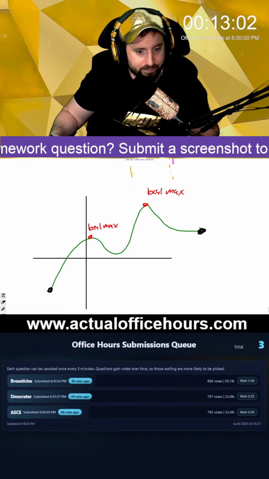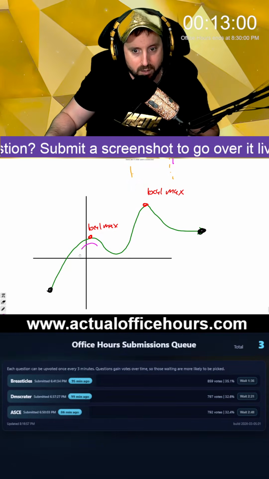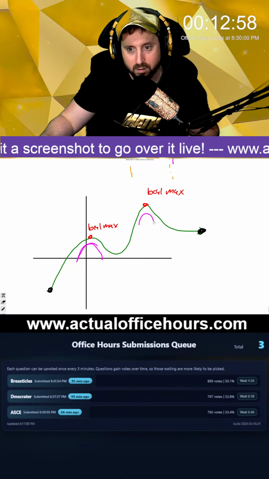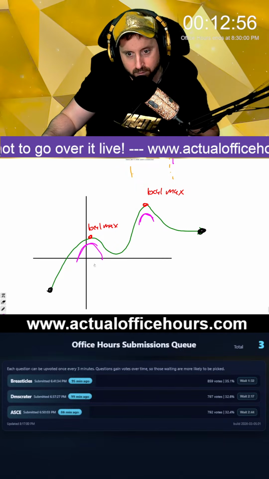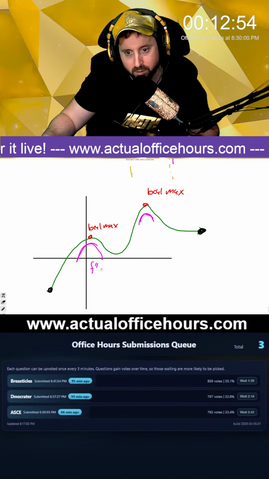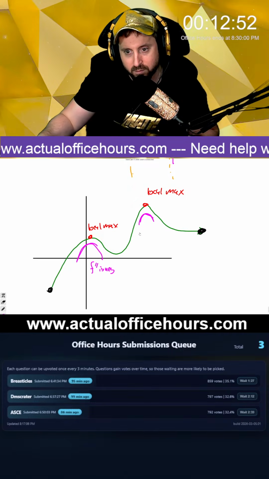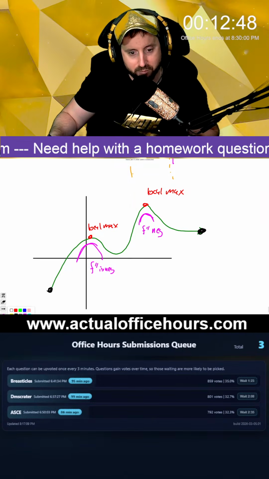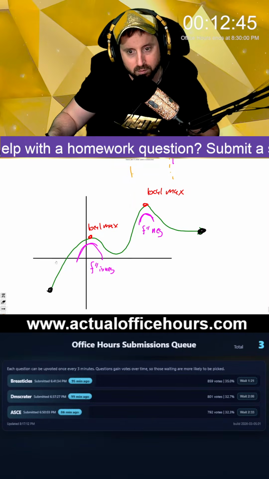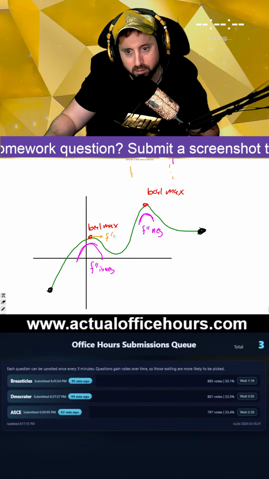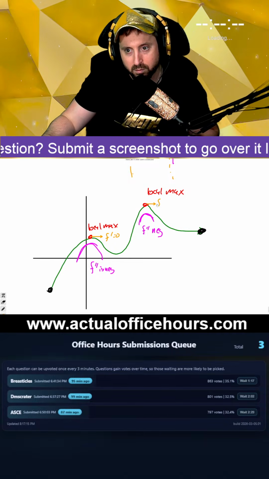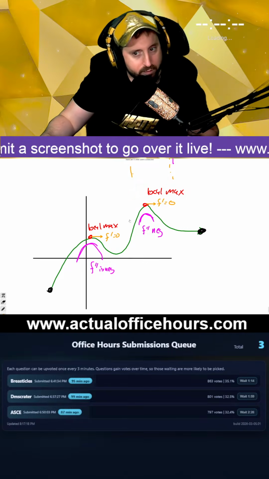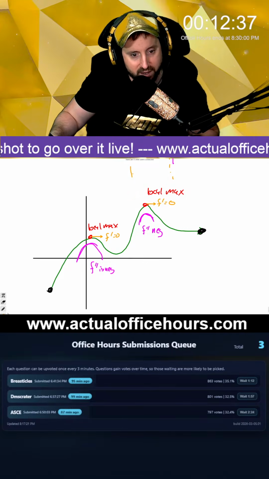So local maxes have concavity which is negative. So this is f double prime is negative. But then f prime is equal to 0. So if the first derivative is 0 and the second derivative is negative, those are local maxes.